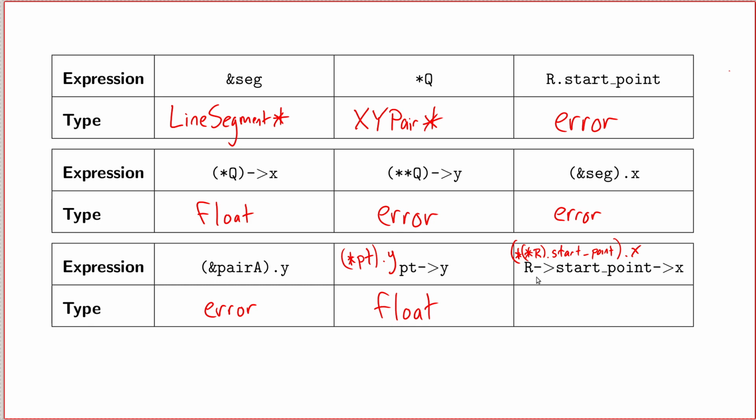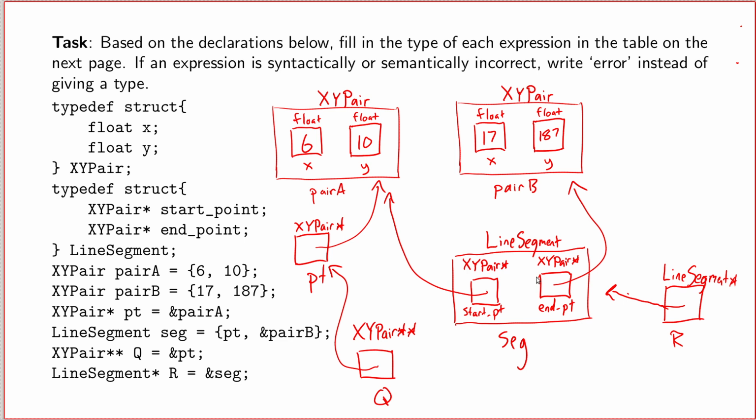So I'm going to try and start at R, follow an arrow, and grab the member start point. Let's see if I can do that. So I start at R, I follow an arrow, and then I grab the member start point. That worked.